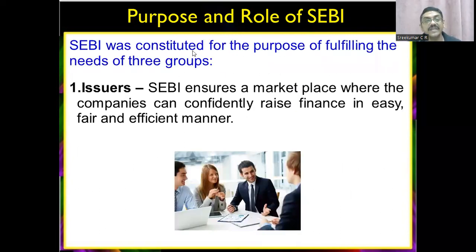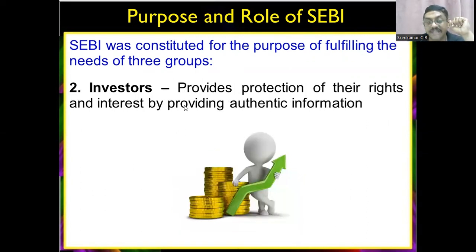It is established to fulfill the needs of basically three groups, children. One is the issuer. Issuer means the company issuing the security. SEBI ensures a better marketplace where a company can issue its shares in an easy, fair, efficient manner.